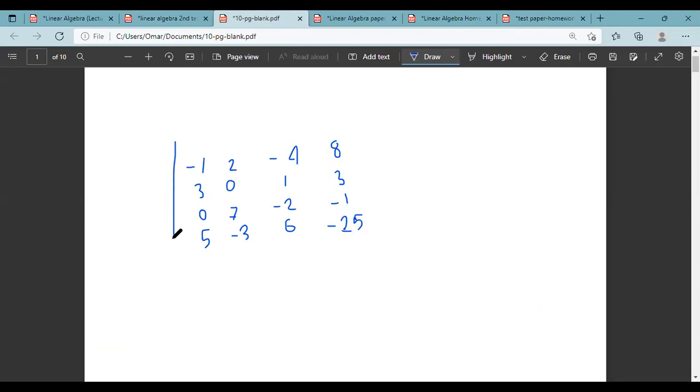Now we have to convert this augmented matrix into RREF. Either you can use an online calculator, or, okay, let me first take the online calculator and then I will show you the procedure, like how we can do it manually.